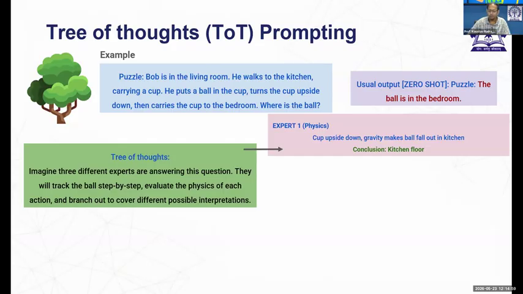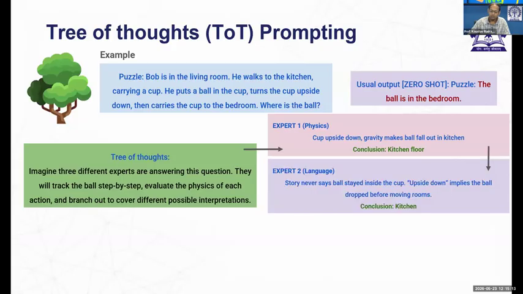If I go for the first expert, which is a physics expert, it says: cup upside down, gravity makes the ball fall out in the kitchen. So the conclusion is the kitchen floor. The second expert, a language expert, says the story never says the ball stayed inside the cup. Upside down implies the ball dropped before moving rooms.